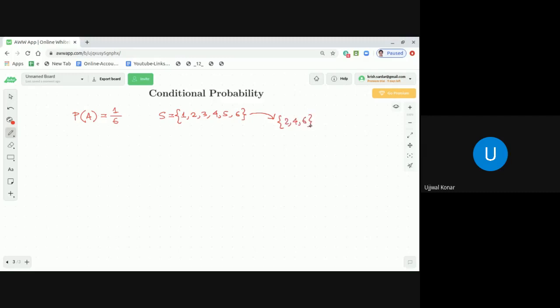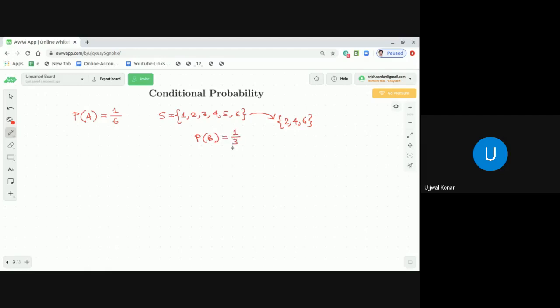Why? Because I am informing you upfront that, hey, dear students, I rolled a die and I got an even face. So the moment you hear that statement, the sample space reduces to 2, 4, 6. Now if I ask you a question, what is the probability that I get a face 2? Suppose I call it event B, then you say, oh sir, it will be 1 by 3. Why?